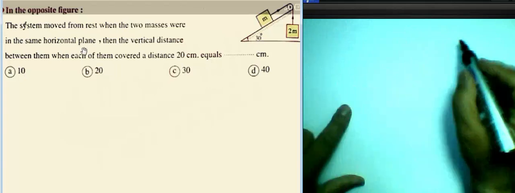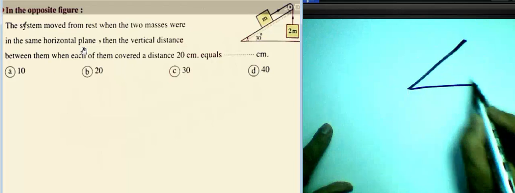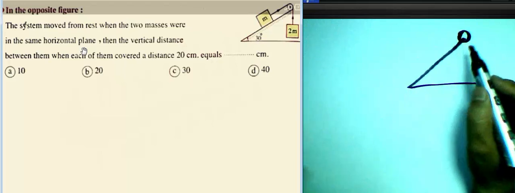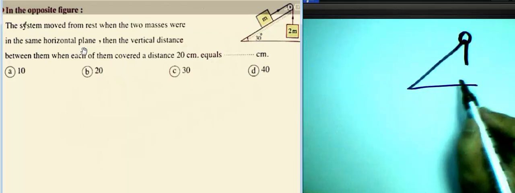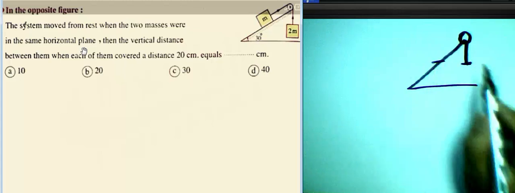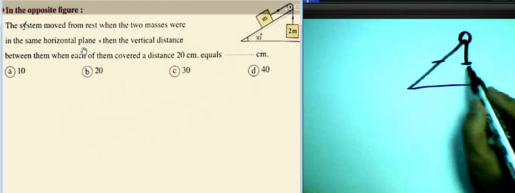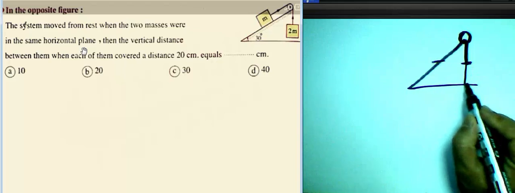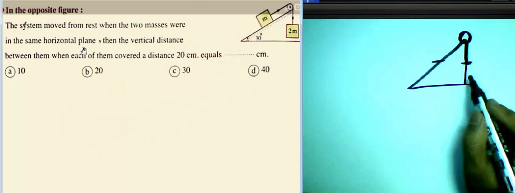I will draw the pulley and the weights m and 2m in the same horizontal, and one will be going down.